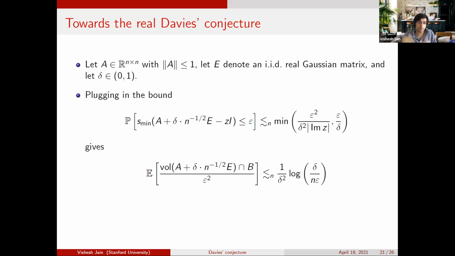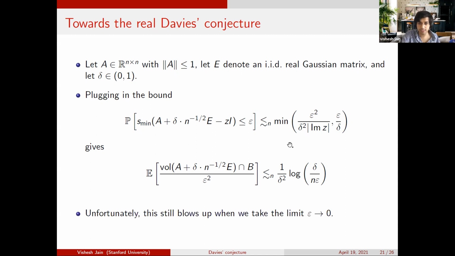When I integrate, I'm going to end up with a factor of log 1 over epsilon, when I look at the ratio of the pseudospectral volume. In the genuinely complex case, I had an epsilon squared without any imaginary part, so the epsilon squared and epsilon squared cancel out. But now, because you have to use the second bound when the imaginary part is too small, you end up with this factor of log 1 over epsilon.